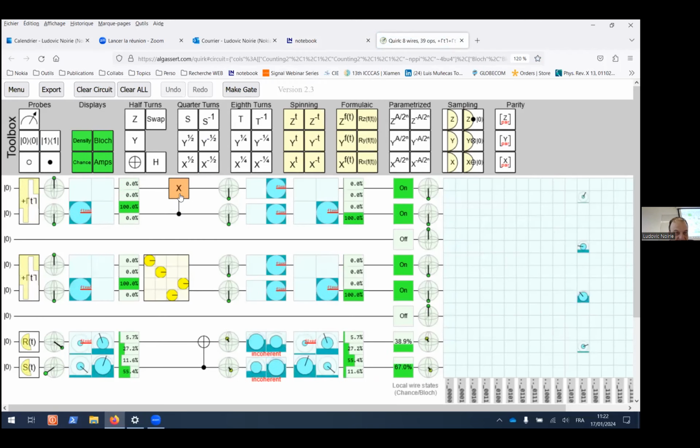The Bell state is just the application of the control-NOT prime on some separable states: 0 plus, 0 minus, 1 plus, or 1 minus. Here you have the quantum circuit that realizes this.